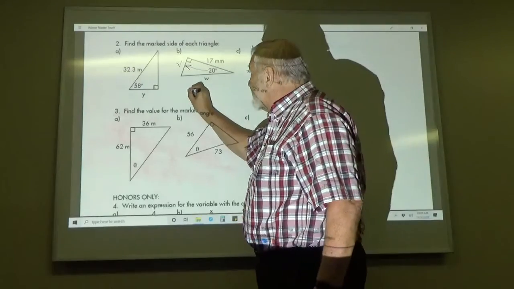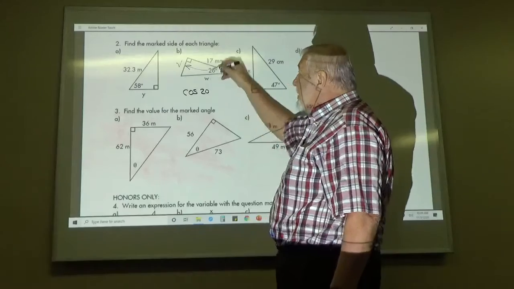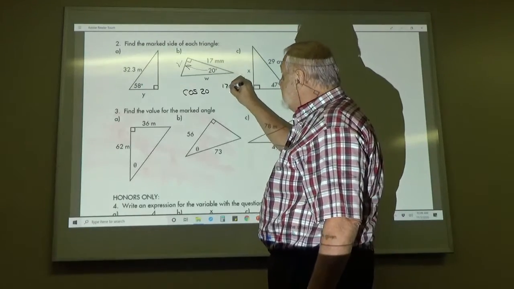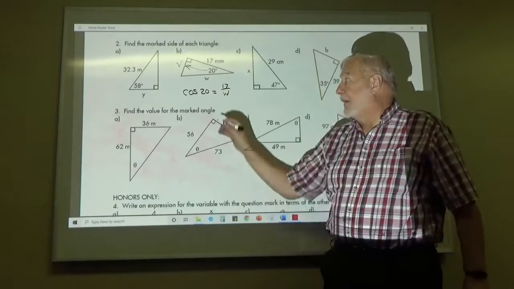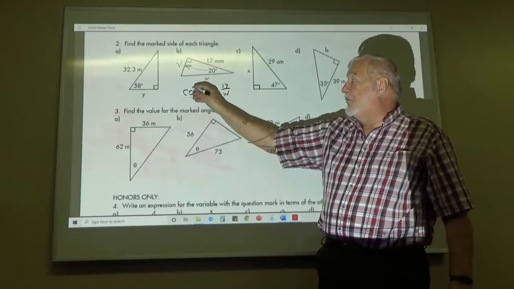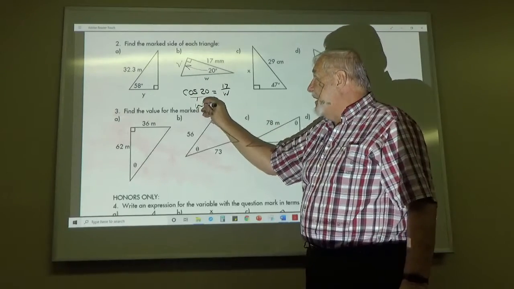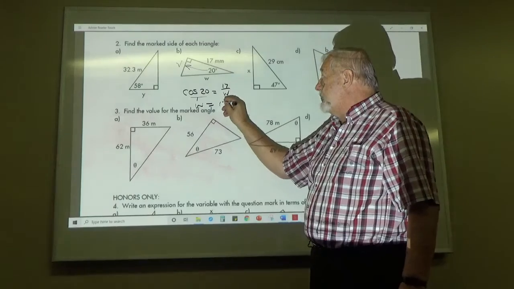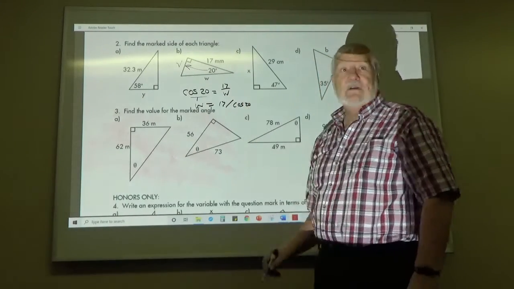But I could say that the cosine of 20 degrees is equal to 17 over w. Right? And if I think of this as a fraction, I can cross multiply and then divide. So these two change places, and w is equal to 17 divided by the cosine of 20 degrees.